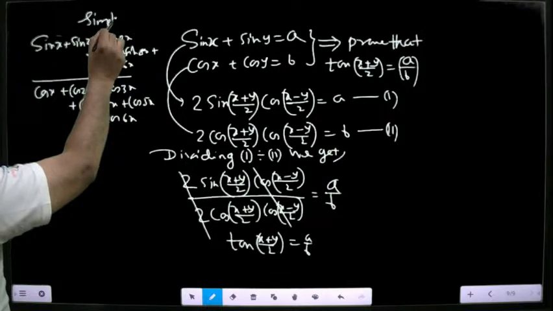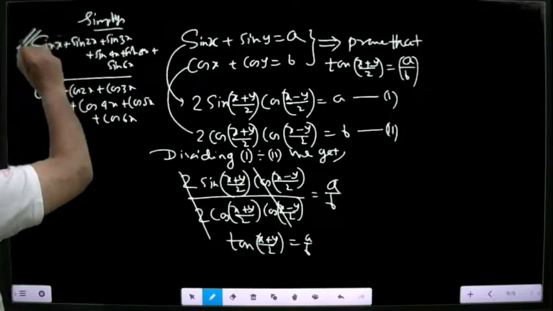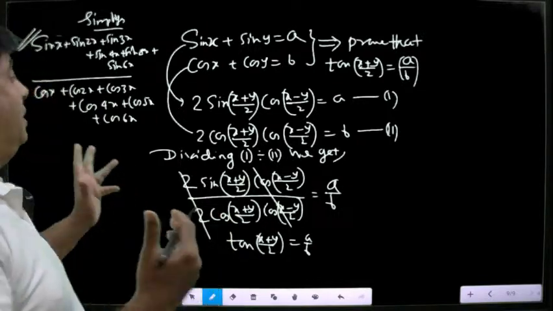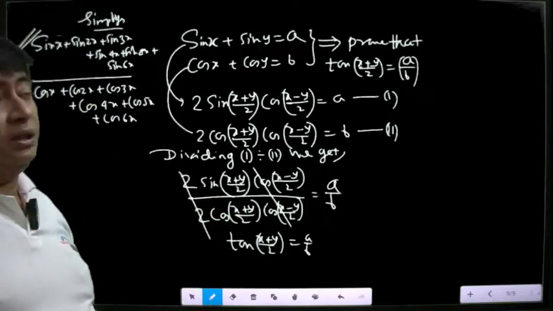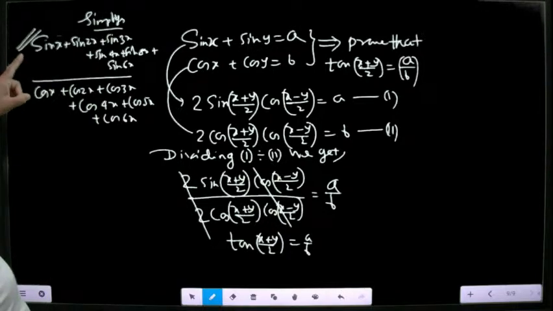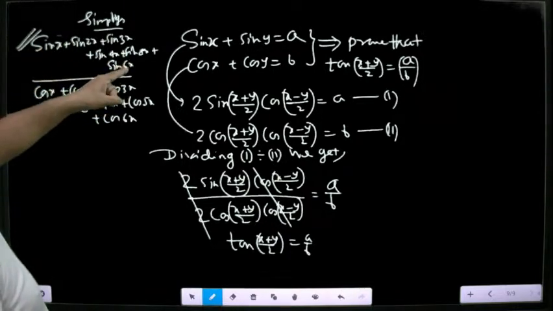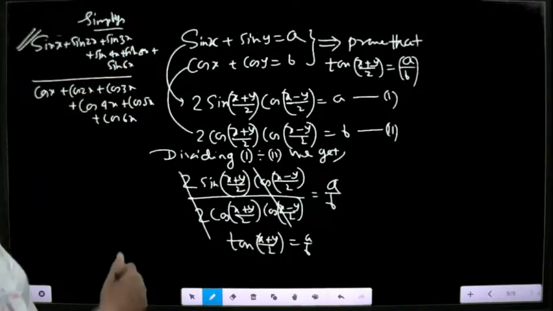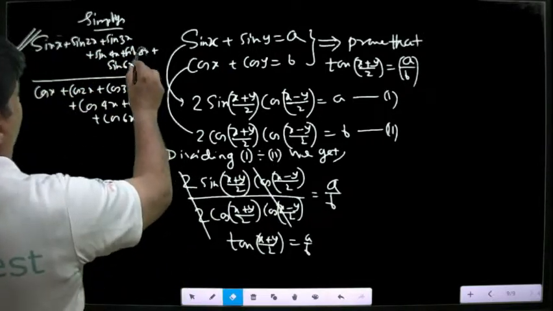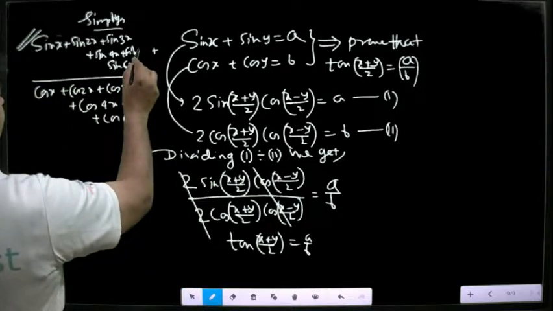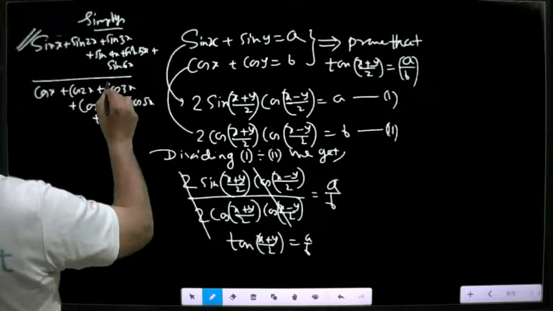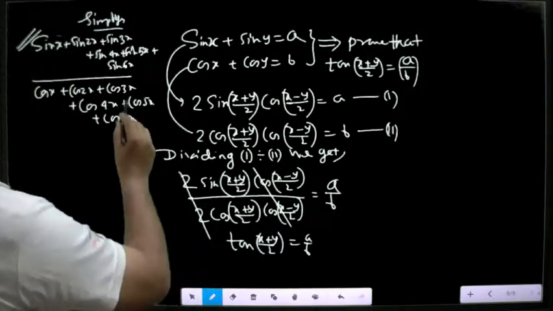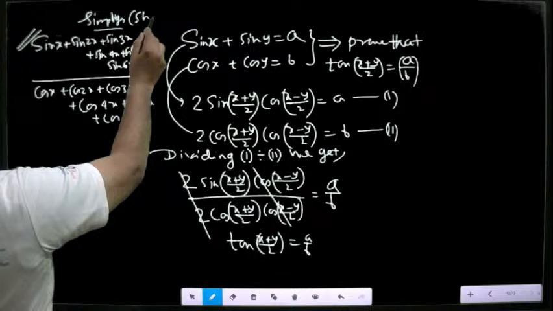Once you see the sum, the gigantic look of this will put you in tension. You will take this and this and this in brackets, sin c plus sin d, sin c plus sin d, sin c plus sin d. So many times you have to use it, and at least half an hour you will take. But the time given is 1 minute. So you need a short trick.